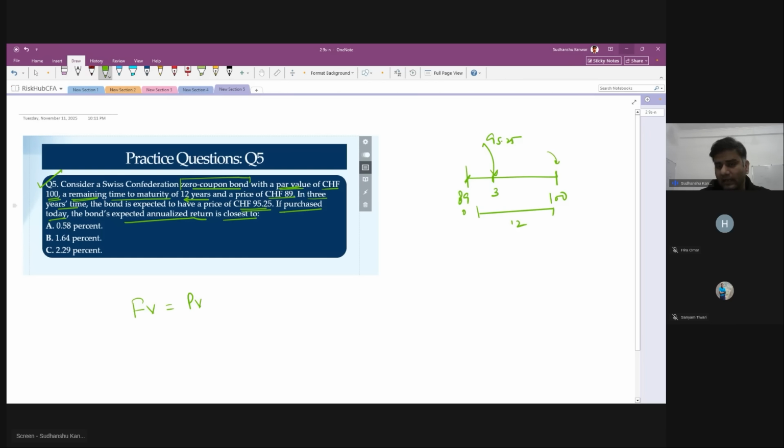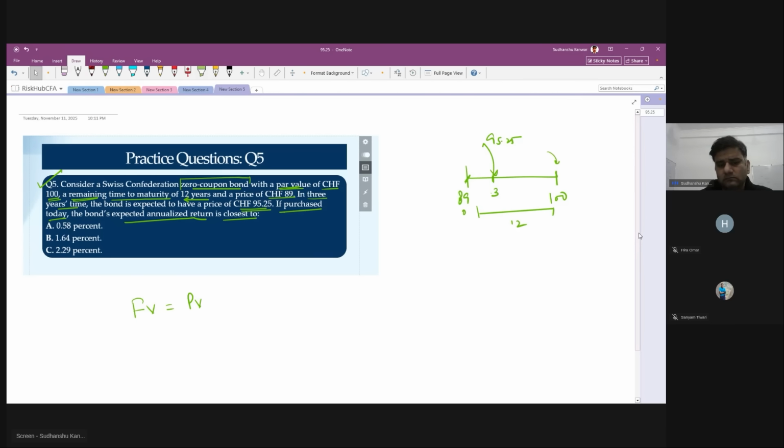I understand that there are 3 years here. So how do I now solve it? What should be the logic that I get the right answer? Any idea? Anyone?